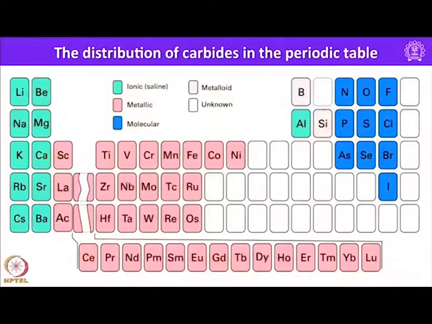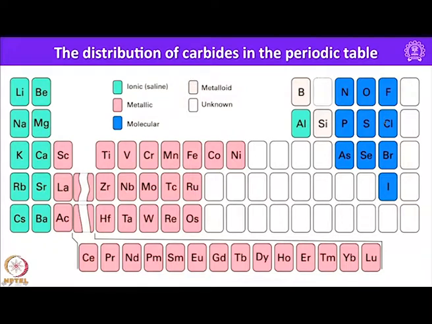and you can see the distribution of carbides in the periodic table. You can see these saline carbides or ionic carbides are essentially formed by group 1 and group 2 elements, and to an extent aluminum, and then molecular carbon compounds are essentially formed by p block elements such as group 15, 16 and 17.